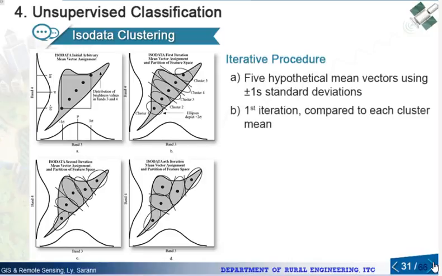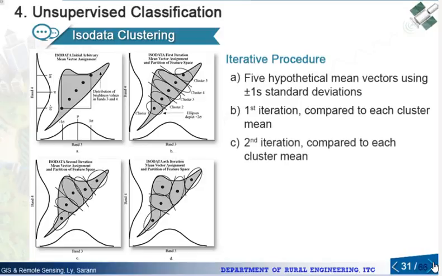In the first iteration, each candidate pixel is compared to each cluster mean and assigned to the cluster whose mean is closest in Euclidean distance.